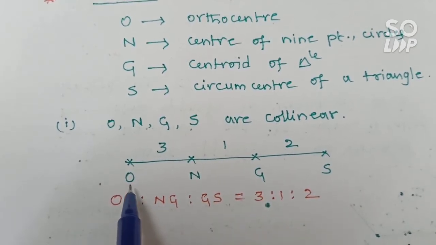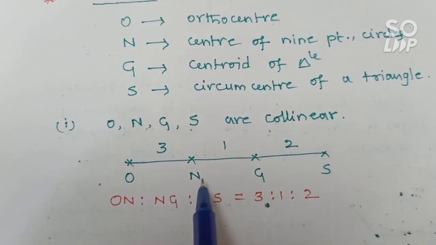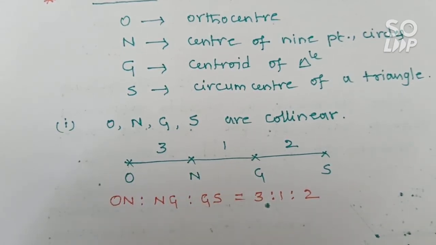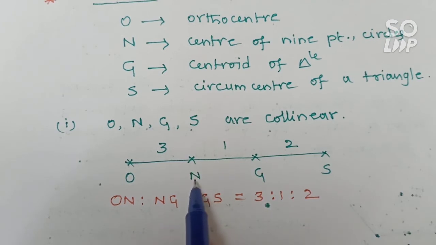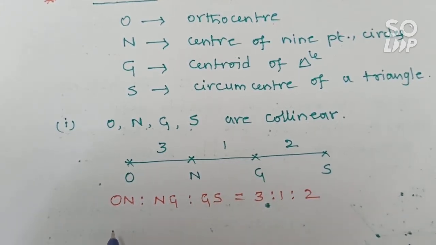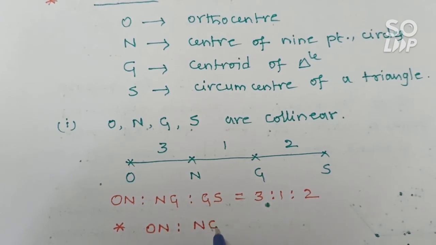Suppose I am given the orthocenter and the centroid, then N divides OG in the ratio 3:1. Suppose I am given N and S, then the centroid divides in the ratio 1:2. So from this we can write that ON is to NG is equal to 3:1.